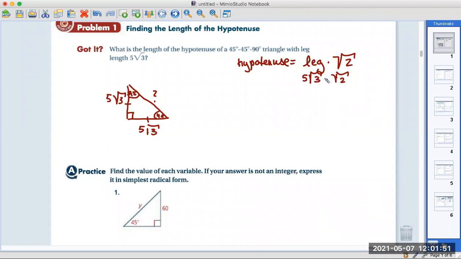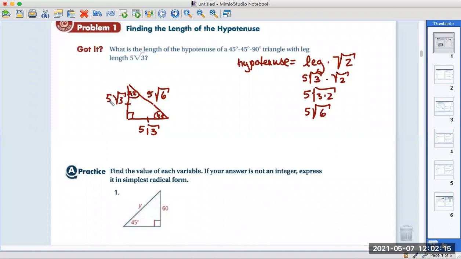So the numbers under the radical you can multiply. So we have 5 times the square root of 3 times 2, which is 5 times the square root of 6. 3 times 2 is 6. So our hypotenuse is 5 times the square root of 6.